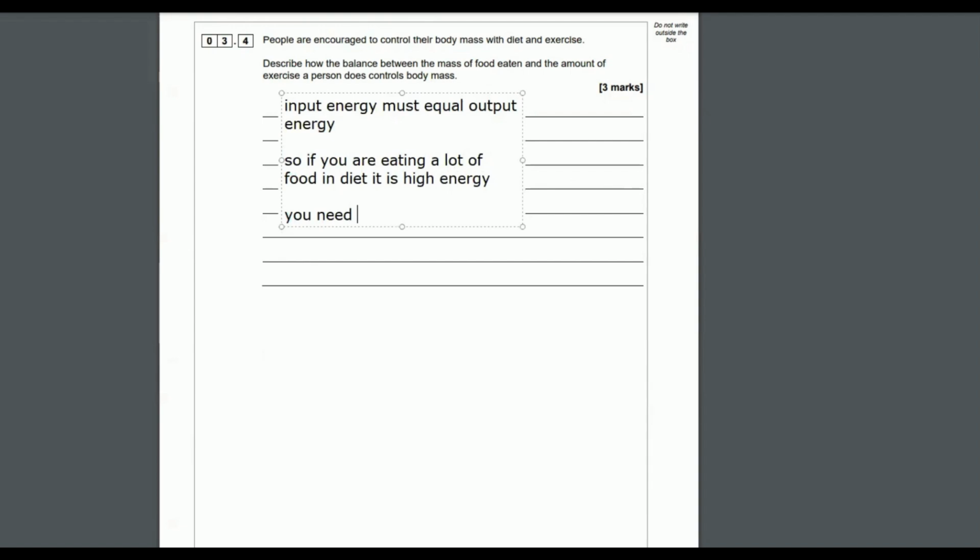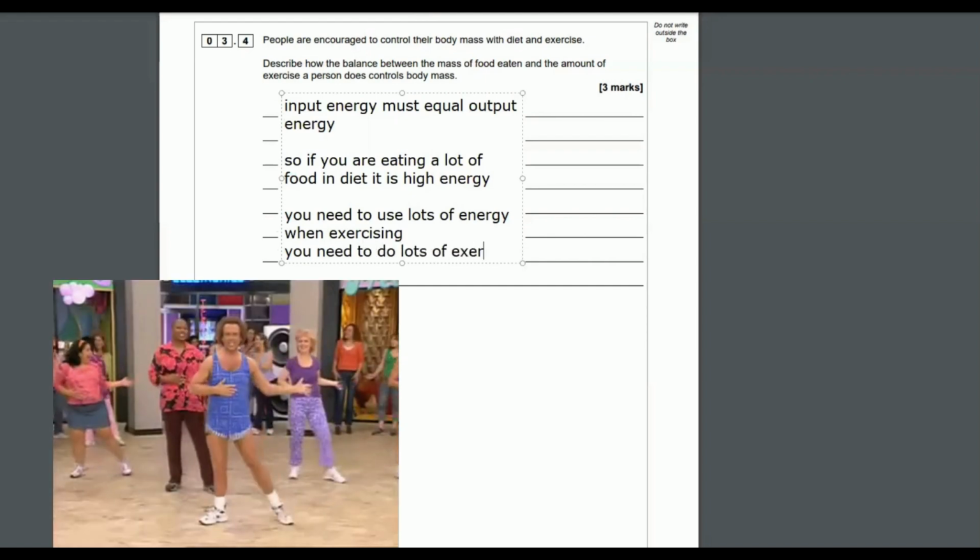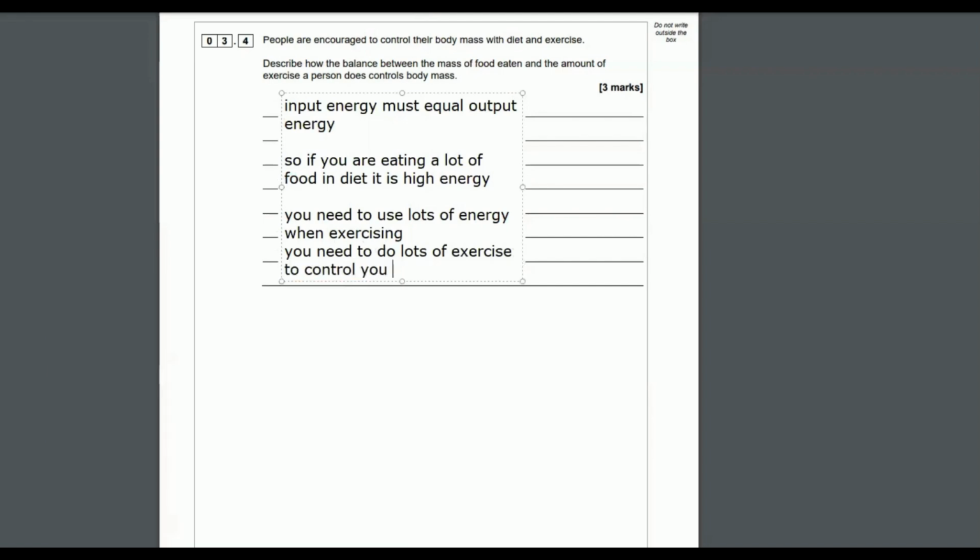You need to use lots of energy when exercising. You need to do lots of exercise to control your body mass. So if you don't want to put on weight, then the amount of exercise you do has to equal the energy you take in.